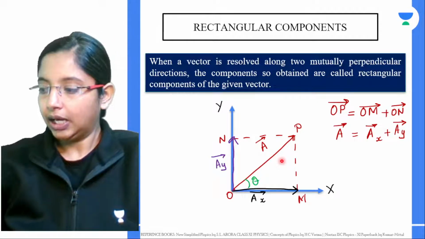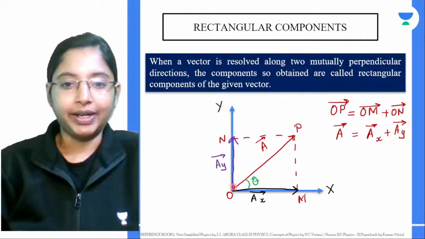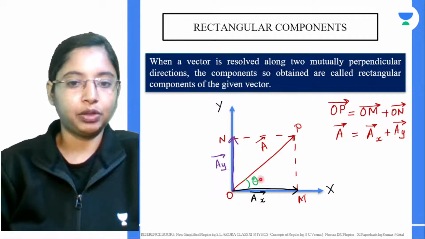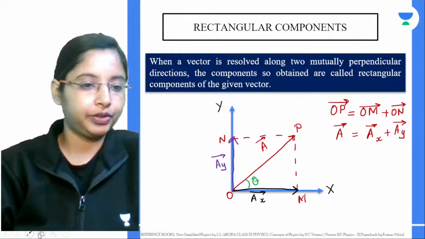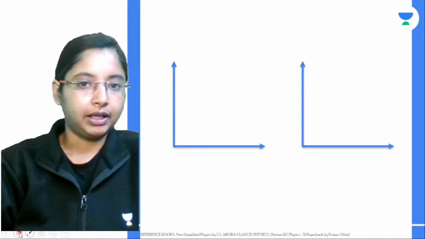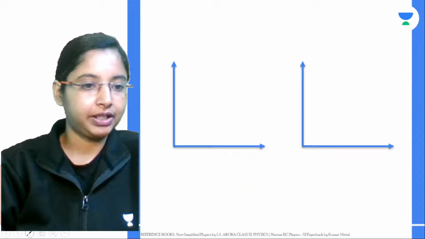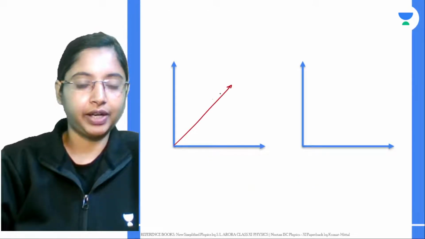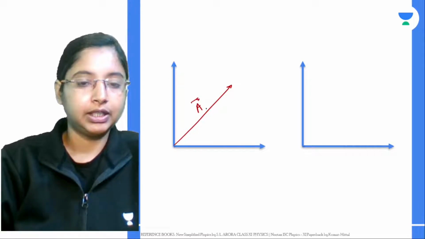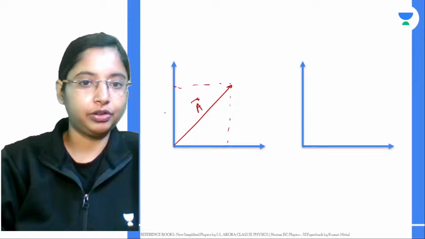Now, let's take unit vectors along this. Whatever we did over here, let's say we have the resultant vector in this direction. This was a resultant vector, composed of two things. It was split into two vectors.